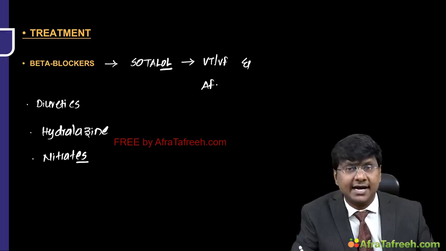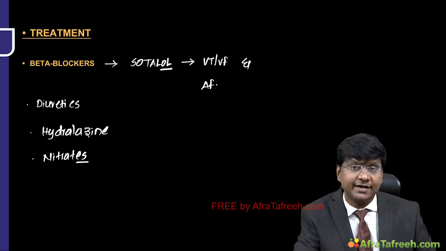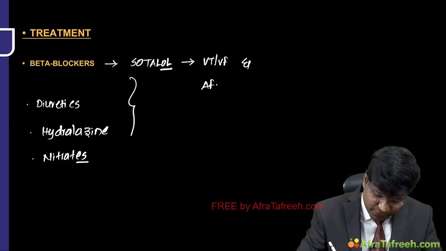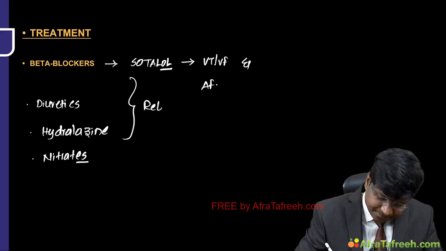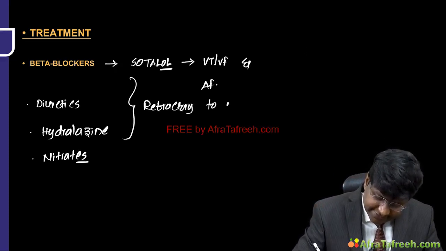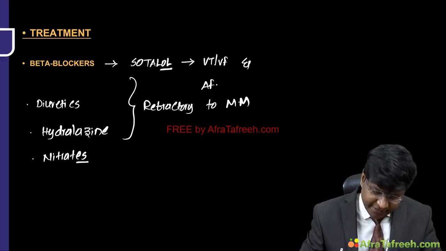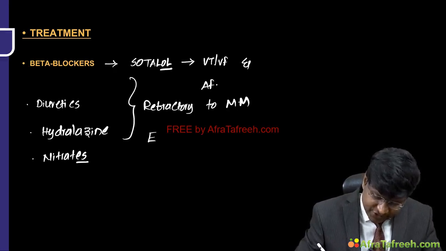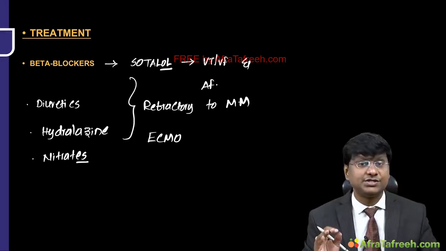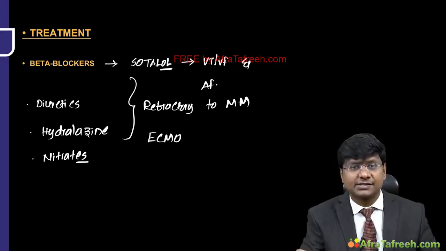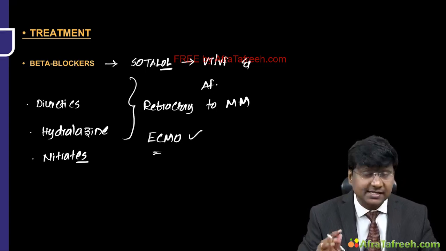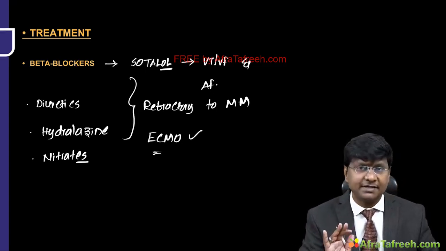This hydralazine is an arteriolar vasodilator, and thereby it can reduce the afterload on the heart. And if the individual is refractory to medical management, then the option which is effective is ECMO, that is extracorporeal membrane oxygenation. So in severe cases, ECMO is life-saving in these patients with peripartum cardiomyopathy.